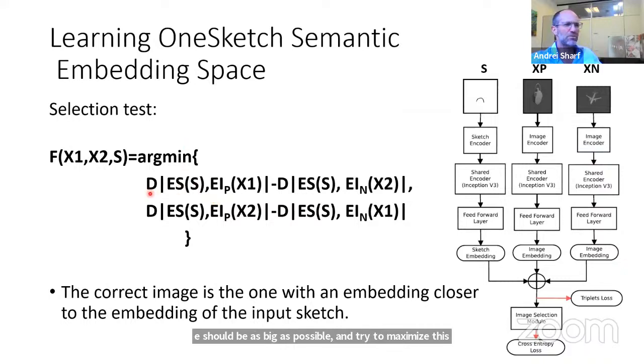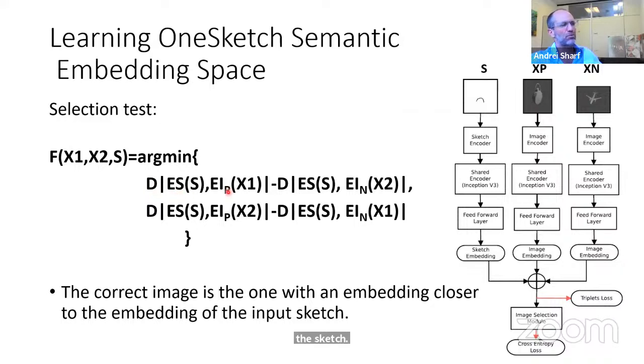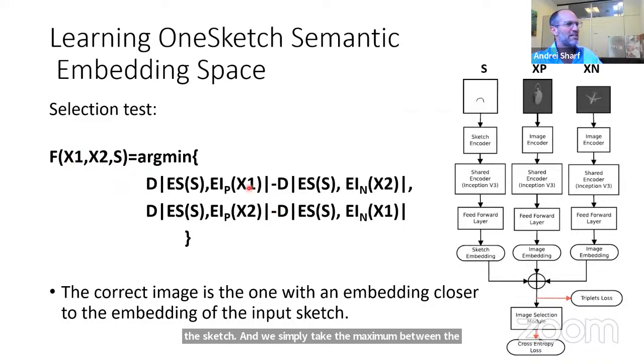Then in the selection test, we're given two images and the sketch, and we simply take the maximal between the difference when image number one is positive and image number two is negative, or image number one is negative and image number two is positive in the branches. And we simply select the positive image that gives the highest of this term.